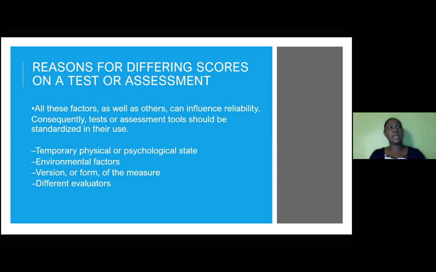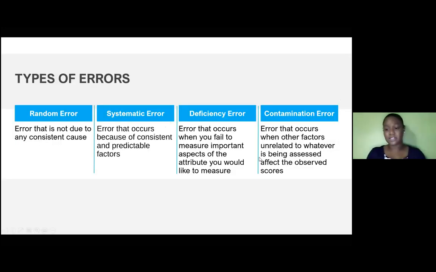And this may be attributed to their differences in training or their level of experience or their frame of reference. And all of this would influence how they would score that candidate. All right, so these 4 factors that I just explained are all sources of measurement error in assessment processes.